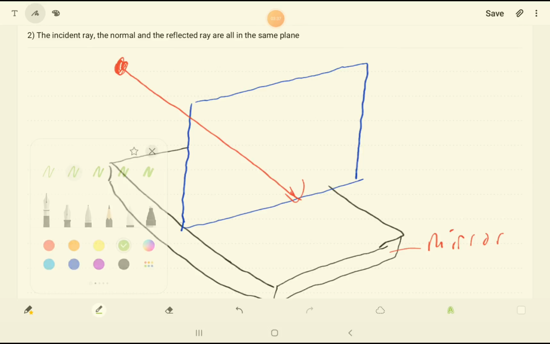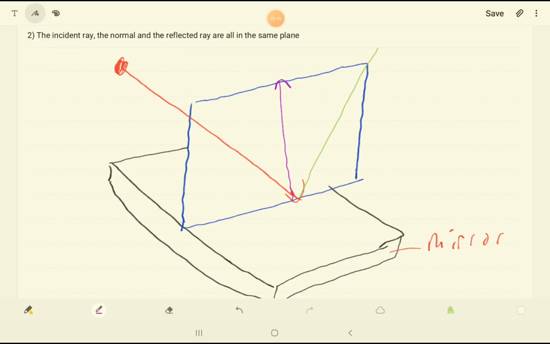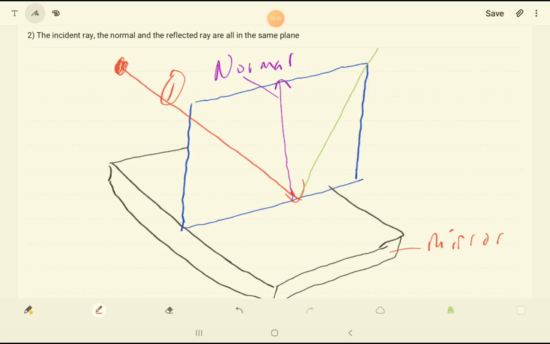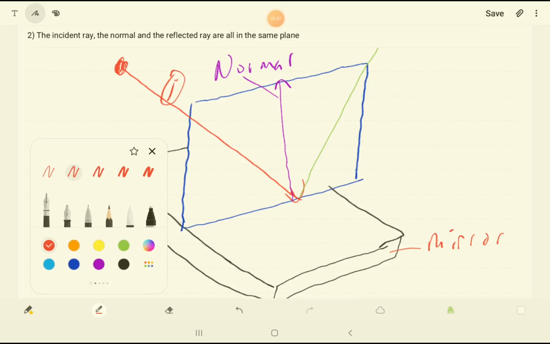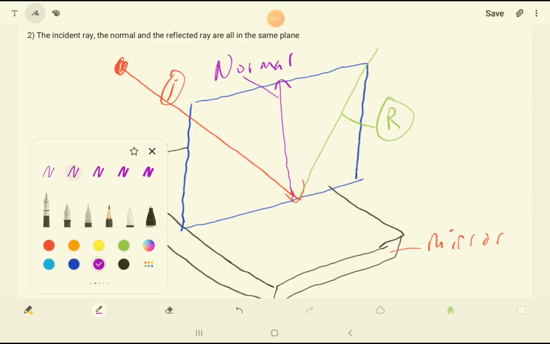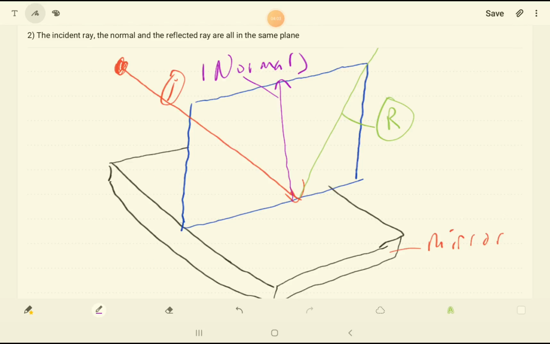Your reflected ray would bounce off again on the same plane, and your normal line, in purple here, would be on the blue plane as well. So your incident ray, your reflected ray here in green, and your normal line would all be on this blue plane over here.